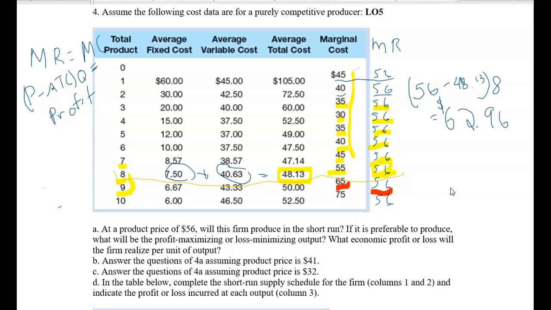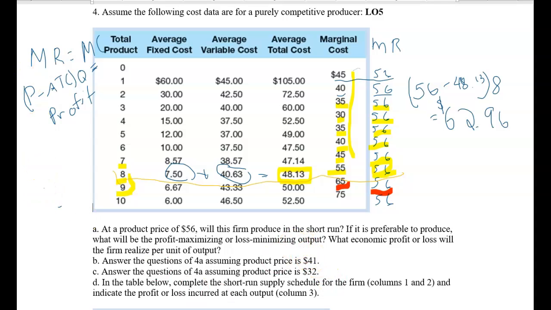Then the next question asks you, answer the questions of 4A, assuming the product price is $41. Okay, so now what do you need to do? You need to know that the price went down, and you have to compare the revenue to the cost. And if the price goes to $41, that tells you what the marginal revenue is. And you're going to compare that marginal revenue to the marginal cost.